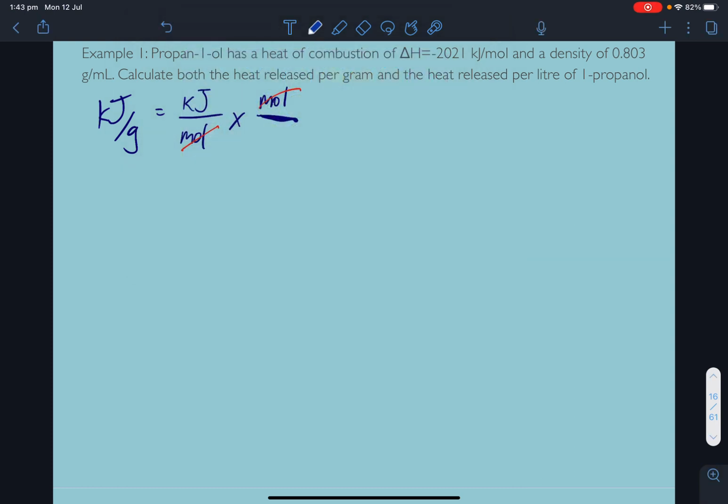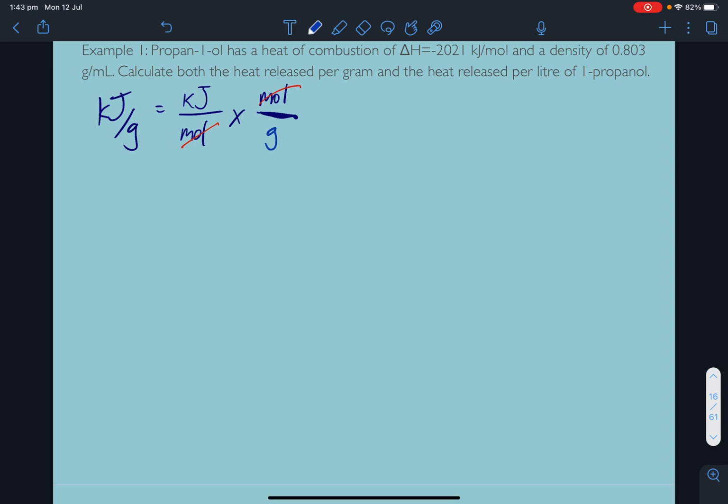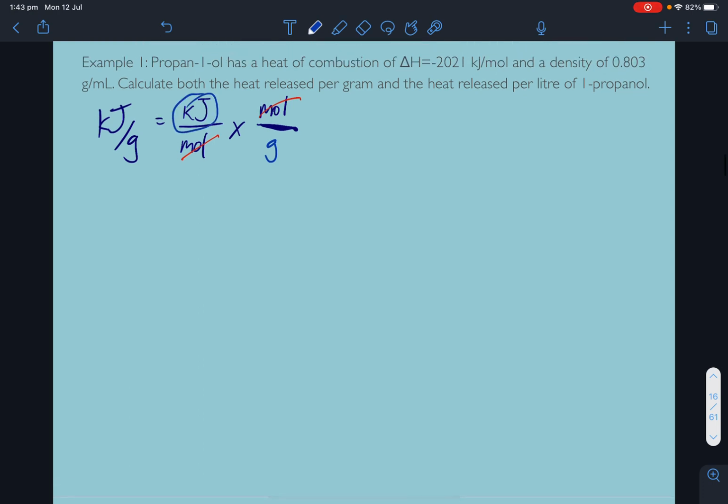So that's a good start. What do we want on the bottom? We want grams on the bottom. And this helps us out because once we multiply these two values, we know we're going to be left with kilojoules per gram, because the moles are going to cancel out. So we take our kilojoules per mole, multiplied by mole over grams.